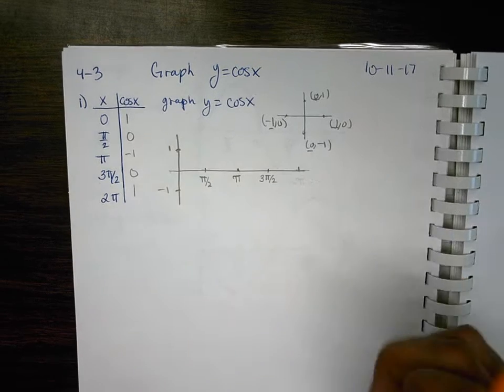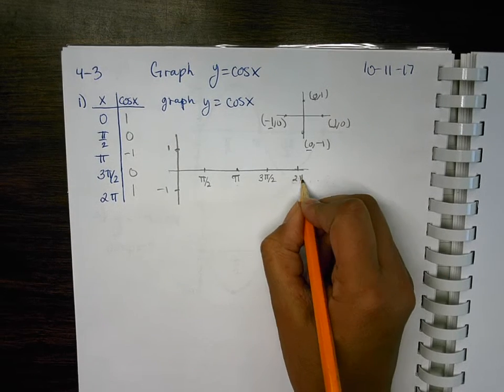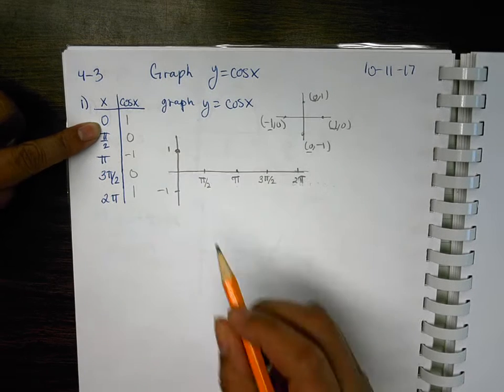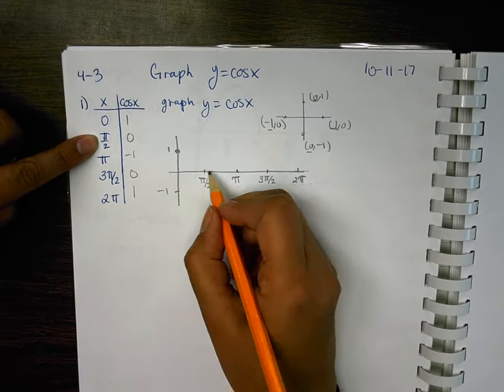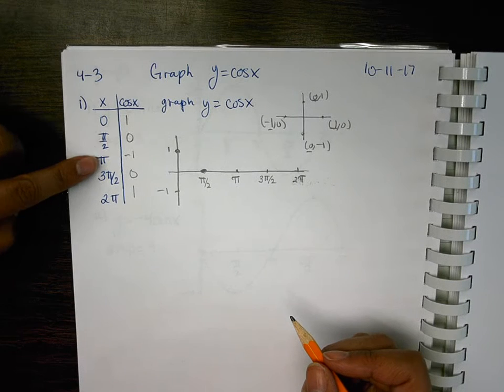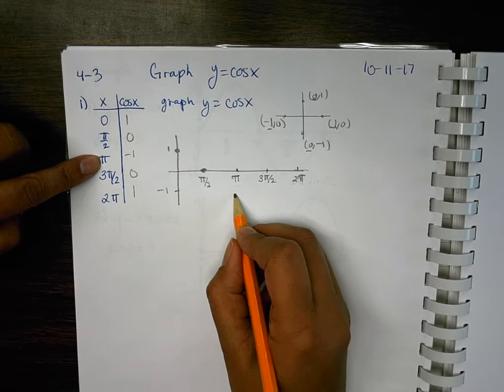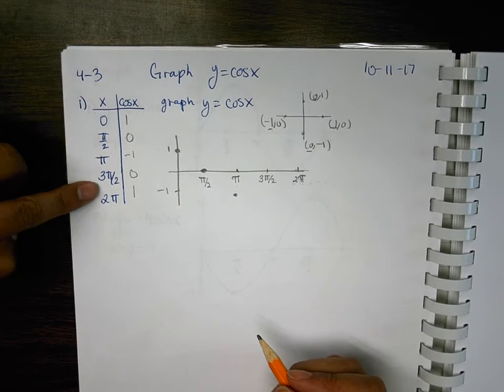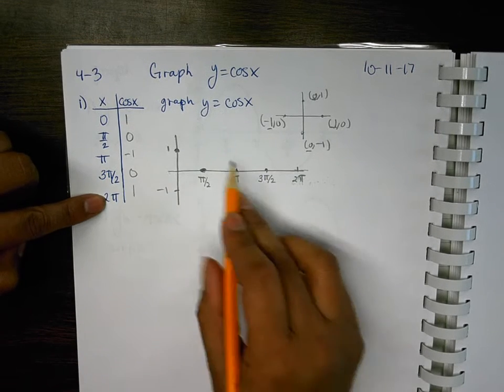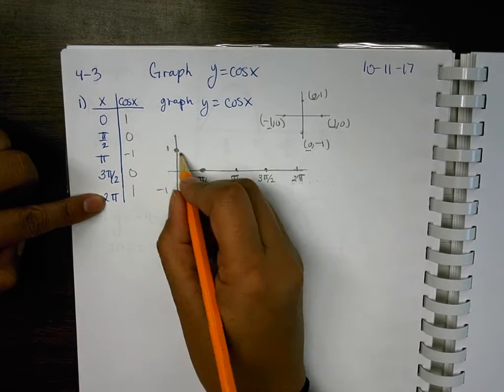Okay. Alrighty, so then we plot 0 is 1, pi over 2 is 0, pi is negative 1, 3 pi over 2 is 0, and 2 pi is 1.